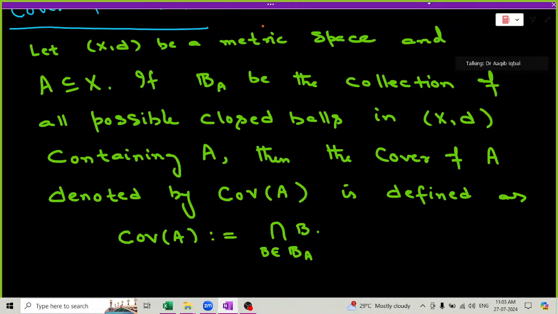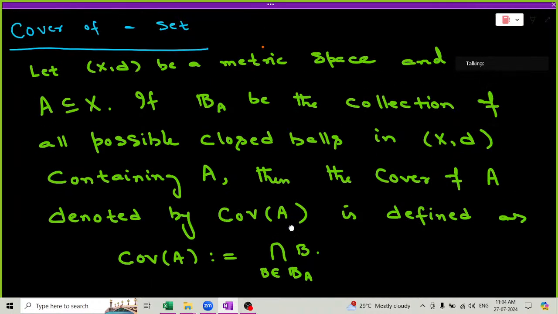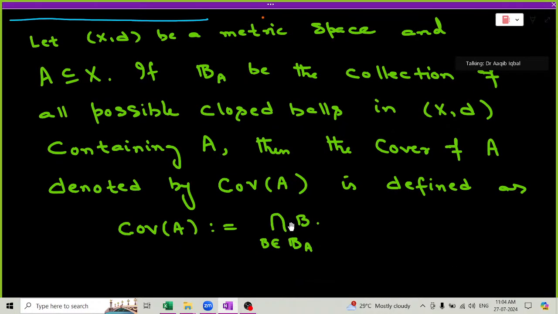X, because we know that the empty intersection is X. So the cover of an unbounded set is X. And it makes sense. The set is unbounded, so the cover will be X. But for the other bounded sets, you collect all the closed balls containing that set, take the intersection, and you'll get the cover.